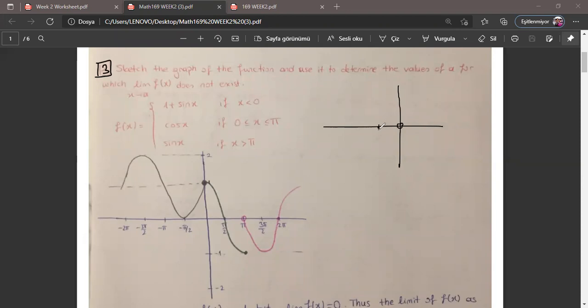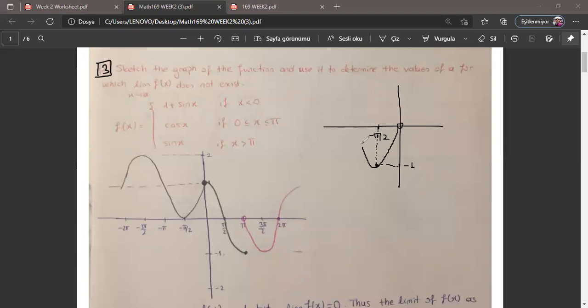Now, for example, at minus pi over 2, what is the value of sine there? Let me sketch that. It's minus 1. Okay, so we have this then.